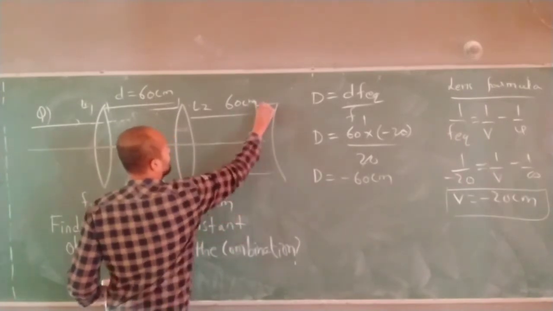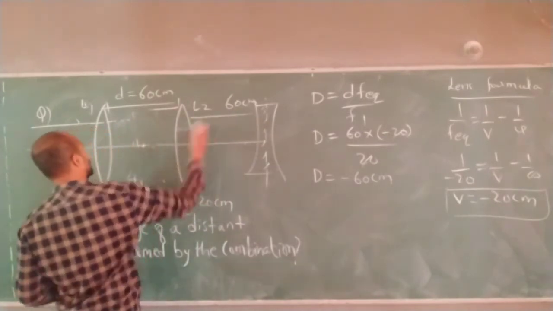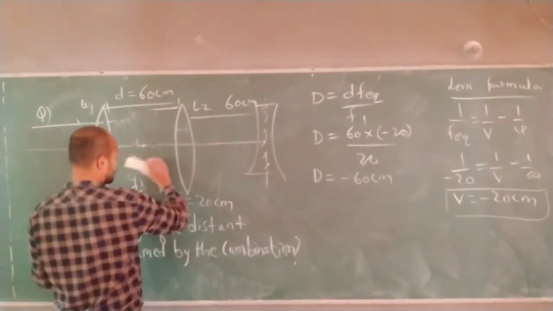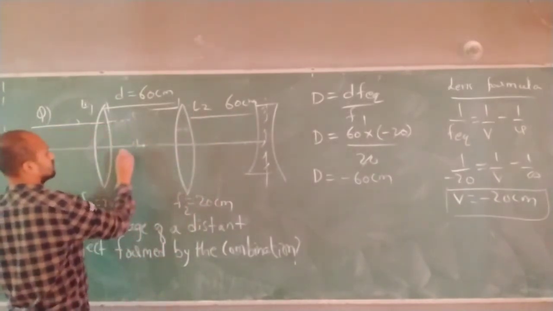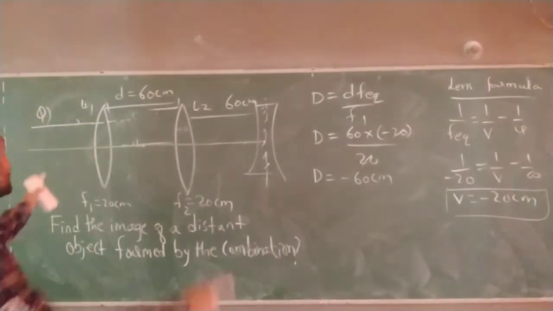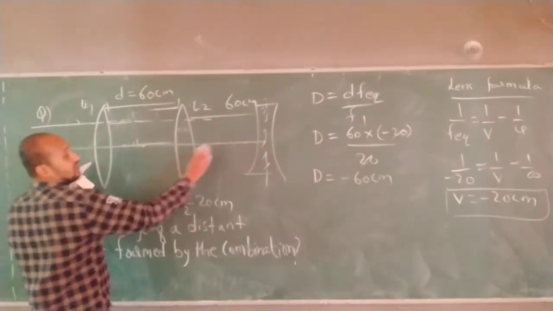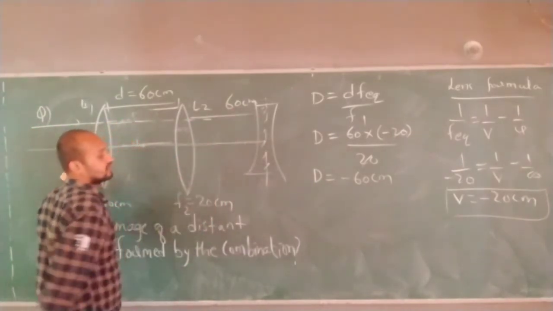The equivalent lens is located 60 centimeter towards the right side, at this position from the second surface.